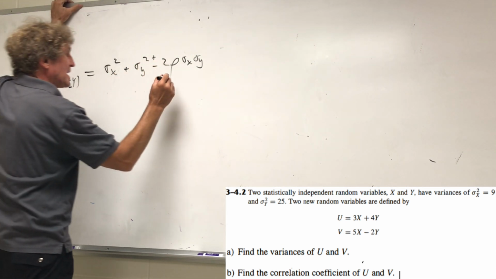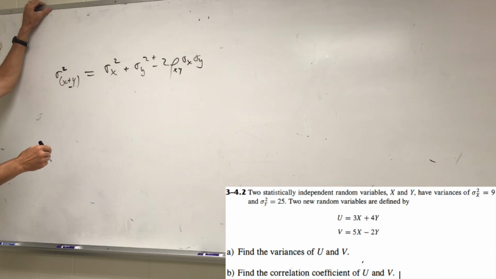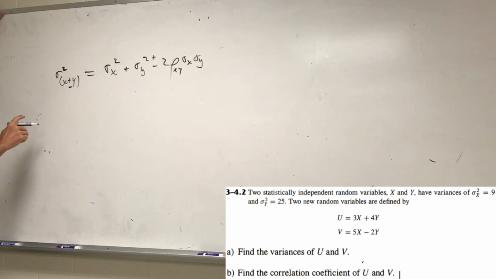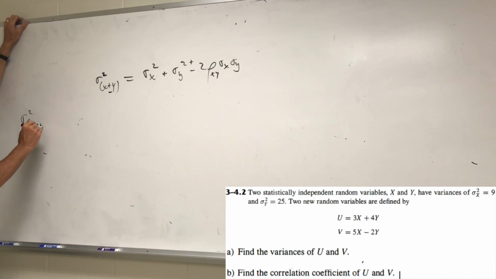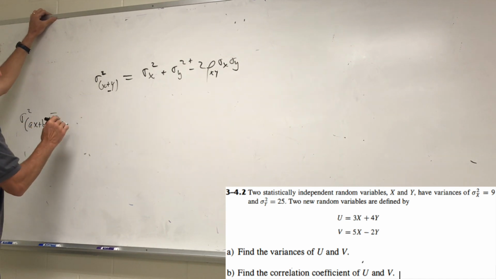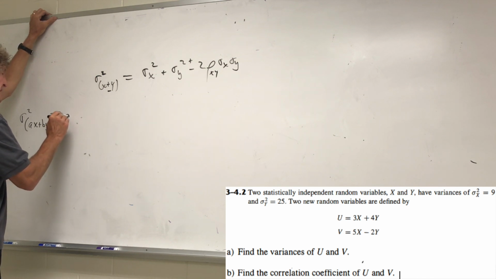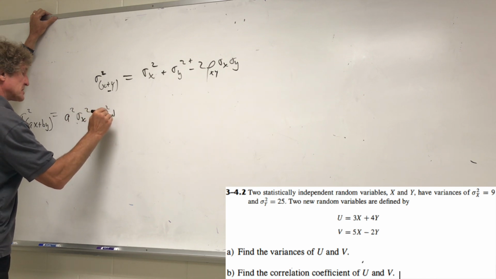Now, this rho here should have a sub xy, so it's the correlation coefficient of x and y. But this assumes they're linear: x's coefficient is 1 and y's coefficient is basically going to be 1. If you change this, it's not in the book, so write this down. If you want the standard deviation of ax plus by, then you have to go over here and say it's going to be a squared sigma x squared plus b squared sigma y squared.